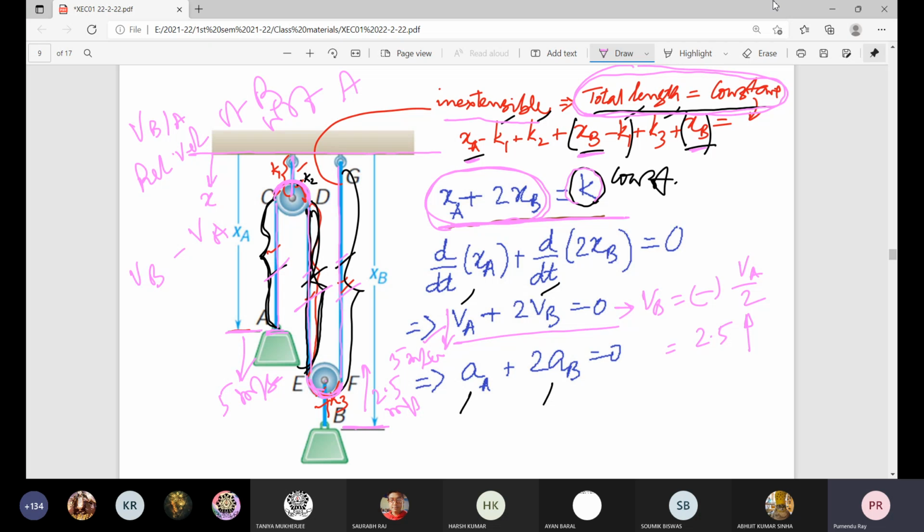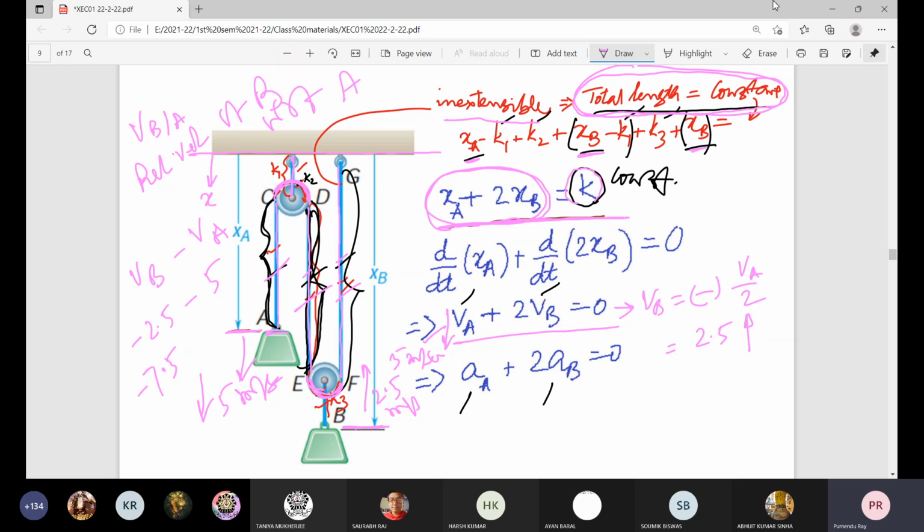It will be simply the difference between these two vectors, the velocity vectors for B and A. And we must understand the direction. If the positive direction is downward, then vB is minus 2.5 and vA is positive 5, so minus 5, that is ultimately minus 7.5 meters per second.